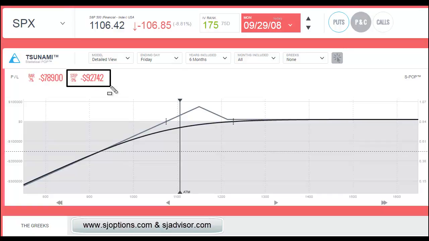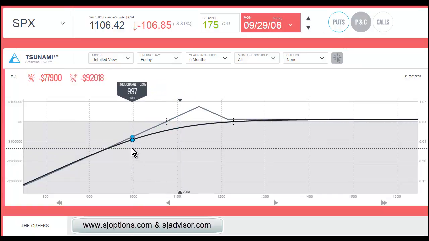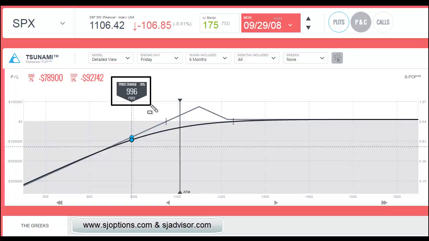So again, you have to be aware that this could happen, because it's crucial that you understand the margin risk when you're trading a portfolio margin account. So if we break it down a little, the SPX dropped 100 points, went down over 8%.